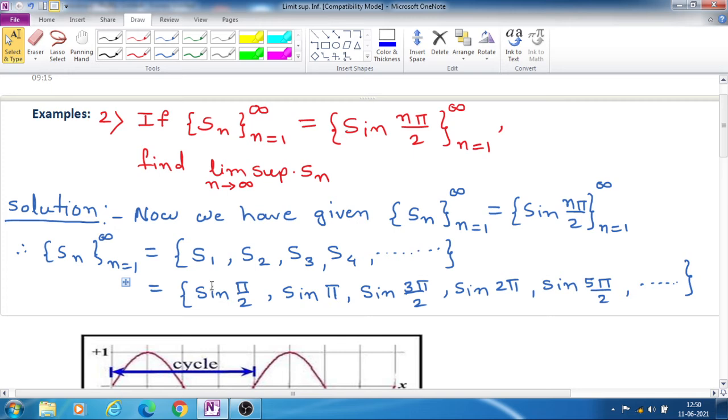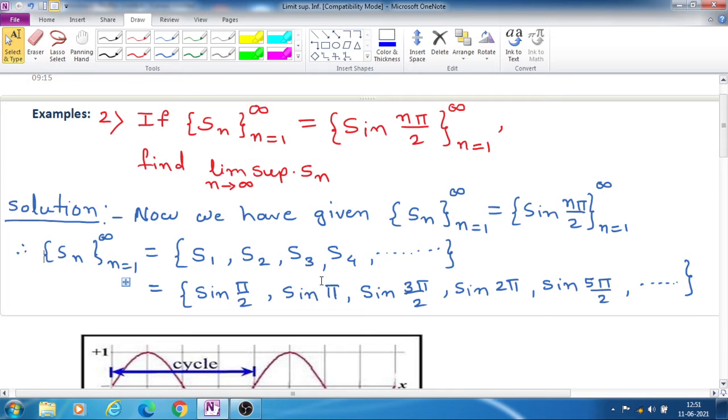Then the first term S1, putting n equal to 1 in sin n pi by 2, we get sin pi by 2. S2 means put n equal to 2, so sin 2 pi by 2, which is only sin pi.